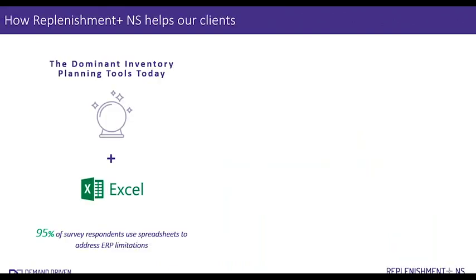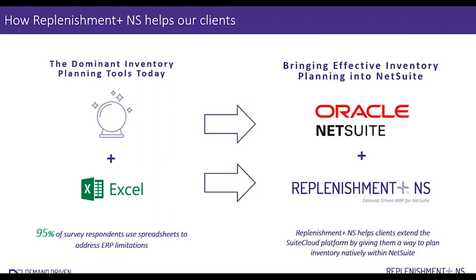So what we see now is because of these challenges, the dominant inventory planning tool today is really a little bit of a crystal ball plus Microsoft Excel. We found that about 95% of companies are using spreadsheets in an attempt to address the limitations in their current planning solutions. Now, what we want to accomplish is to bring effective inventory planning into NetSuite with Replenishment plus NS.